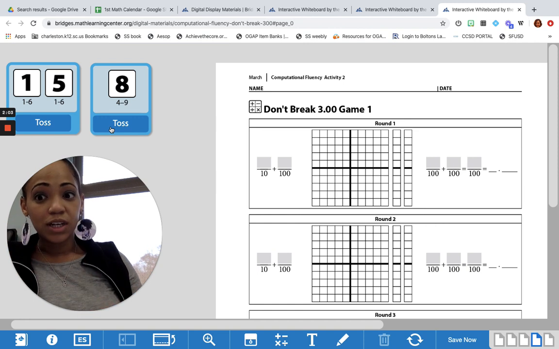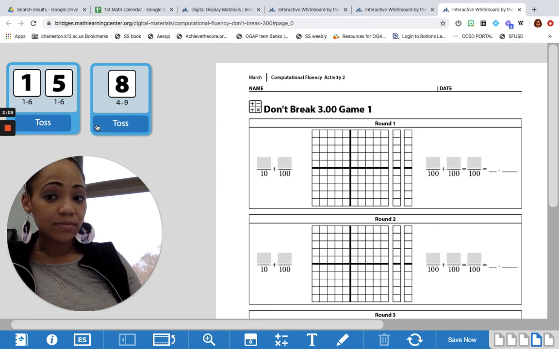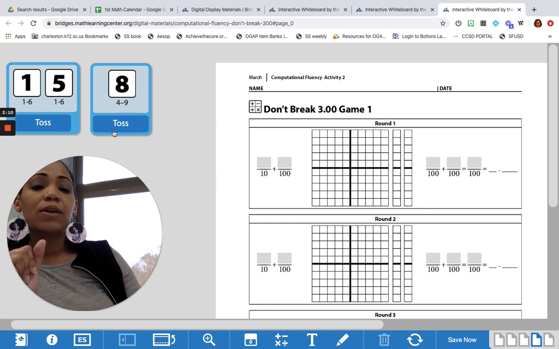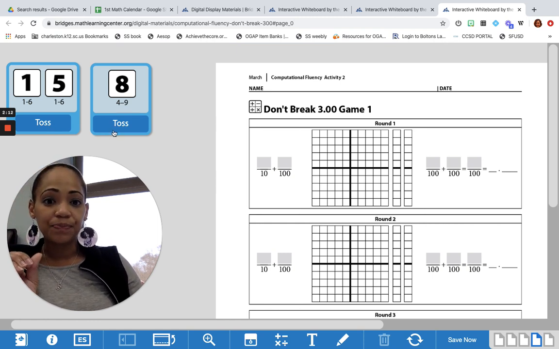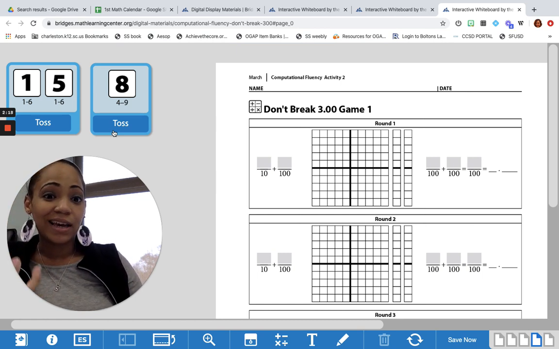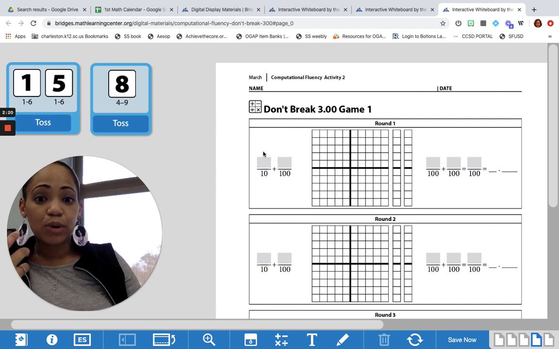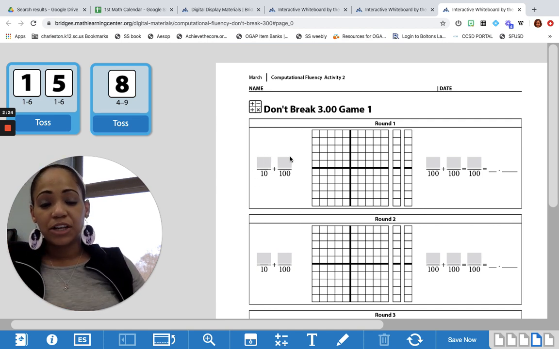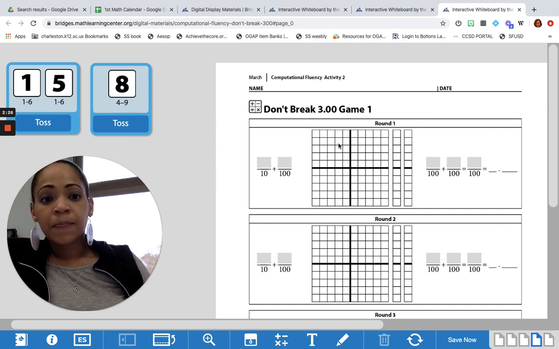Each roll, you roll 3 dice. 2 of them have the numbers between 1 and 6, and 1 has the numbers between 4 and 9. When you roll all 3 numbers, you're going to have to choose which number you want to take in tenths, and we'll record it here on our fraction for tenths, and then color it in one color.